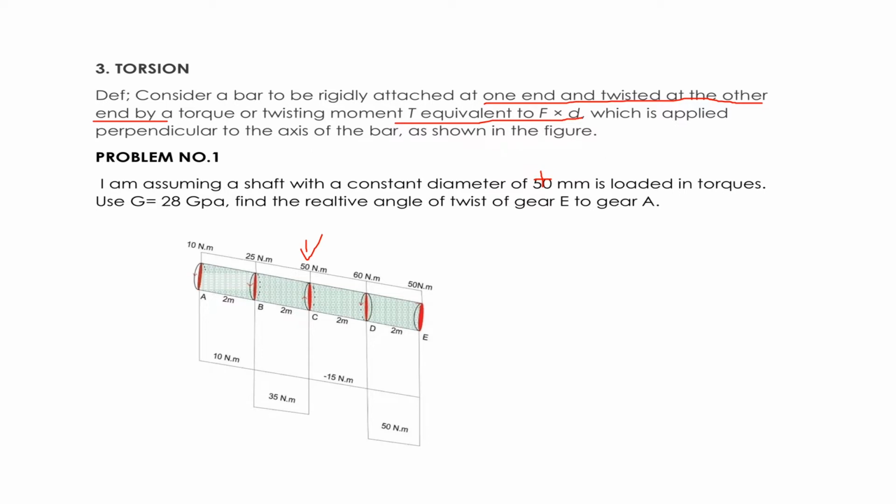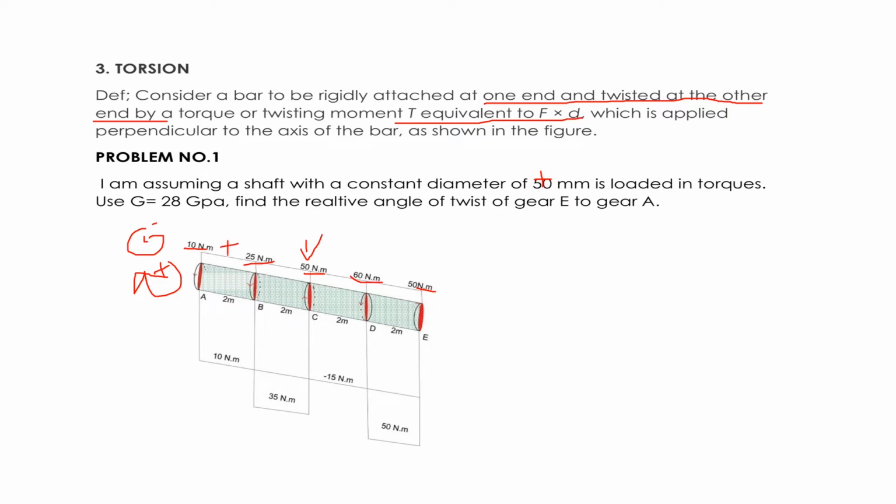I have provided the loading values on each section from A to E. For example, for section A there is 10 Newton meter. It's going clockwise, so I assume that is positive. If it is counterclockwise, we have to assume it's negative. So 10 Newton meter is counterclockwise and 25 Newton meter is clockwise in the same direction.